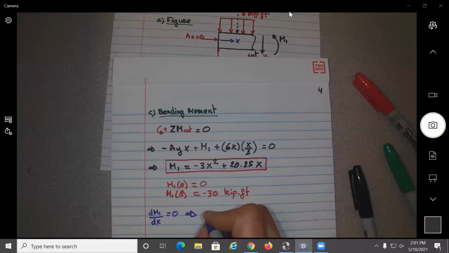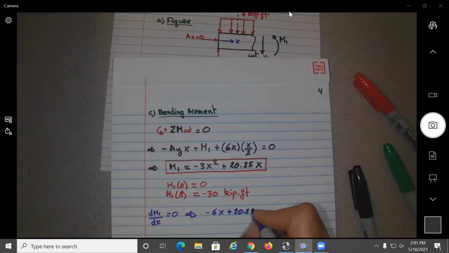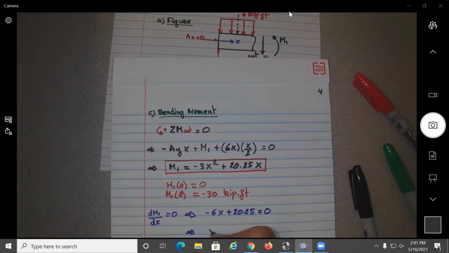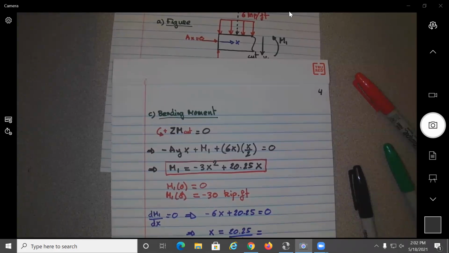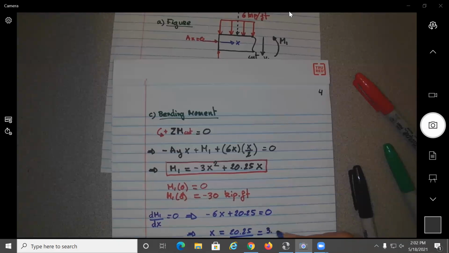We get minus 6x plus 20.25 equal to 0. So that means that x is equal to 20.25 divided by 6, which is how much? 3.375. Okay.